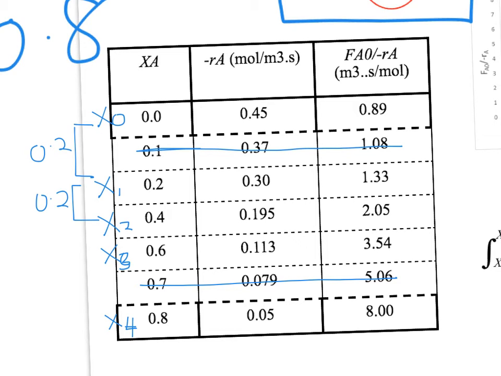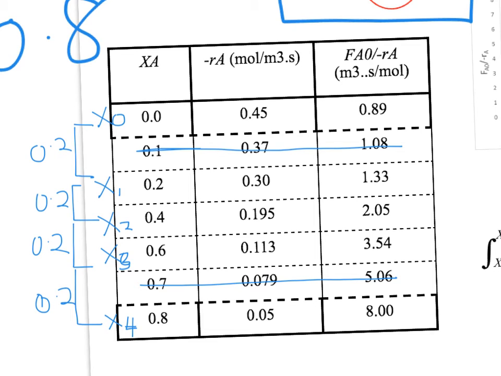From 0.2 to 0.4, you have also a 0.2 interval. From x2 to x3 you have a 0.2 interval, and also from x3 to x4 you have a 0.2 interval. So it is important that you have the same interval for the PFR integration.